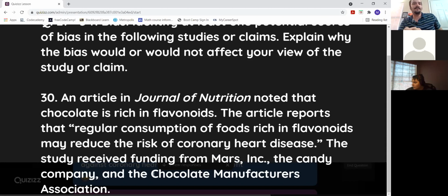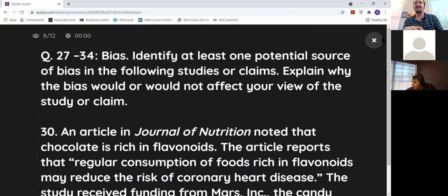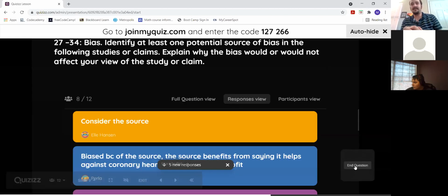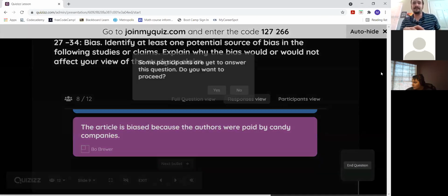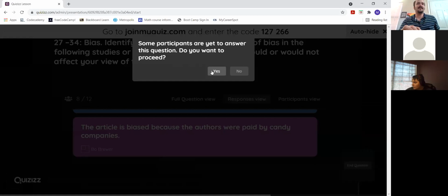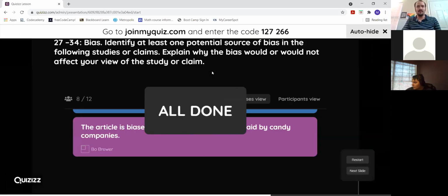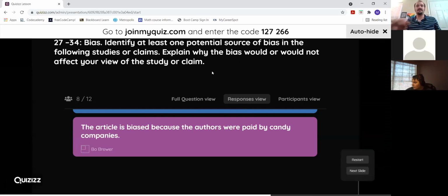Mars Inc. and the Chocolate Manufacturers Association, they're the ones producing the study. Does it necessarily mean that the study's a bad study? No, it could be good, but it definitely deserves a bit more scrutiny, right? You shouldn't just take it at its face value. Take it with a little bit more grain of salt, and if you can, actually read into it and what they did.